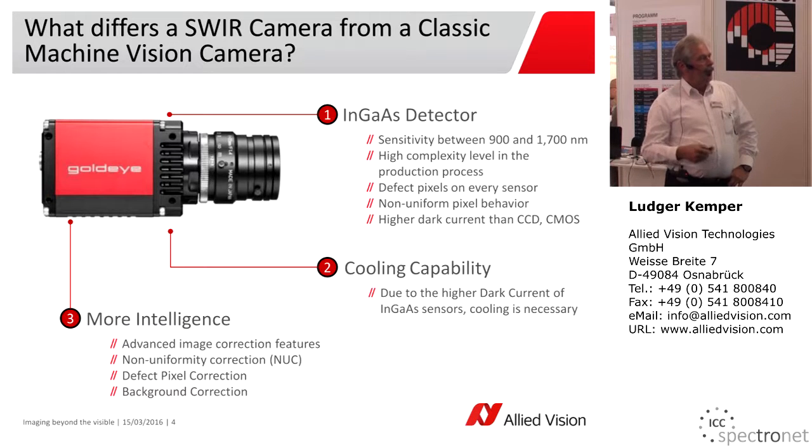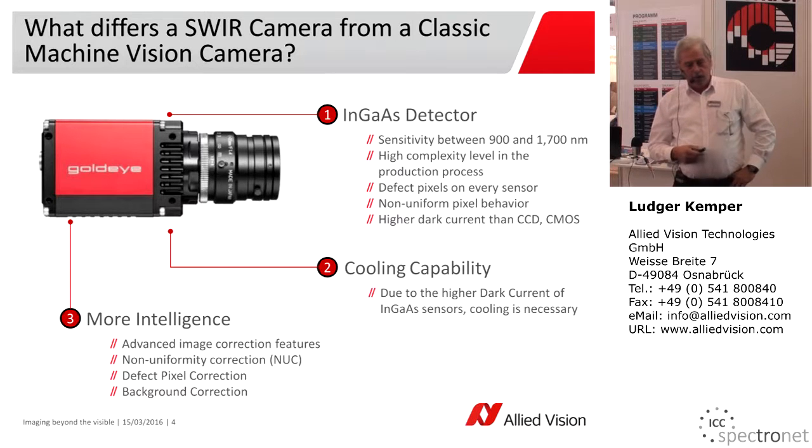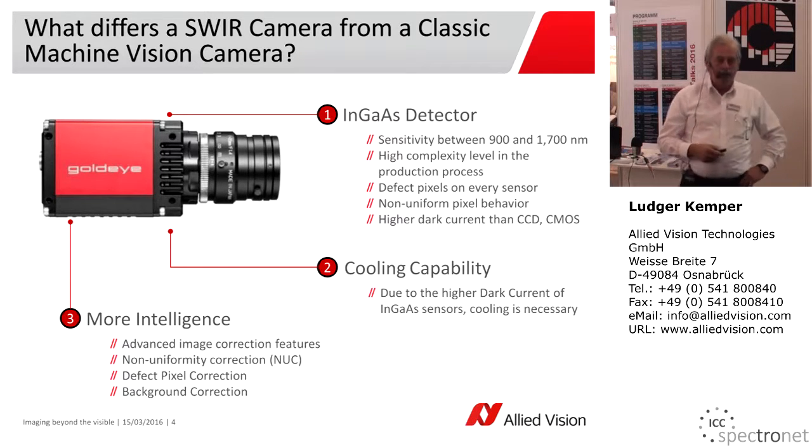There is a very high complexity level in the production process, and therefore you have more defect pixels in this technology than with normal CCD sensors. And you have non-uniform pixel behavior, and InGaAs sensors have higher dark currents than CCD and CMOS.